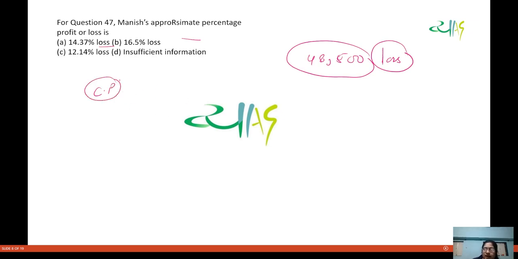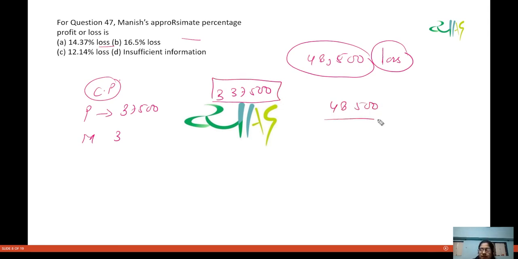We calculated the cost price. 37,500 rupees was the price for the printers, and the monitors cost 3 lakh rupees. So we have 3 lakh 37,500 rupees. Okay, he had how much? 3 lakh 38,500 rupees. So we are getting this much.